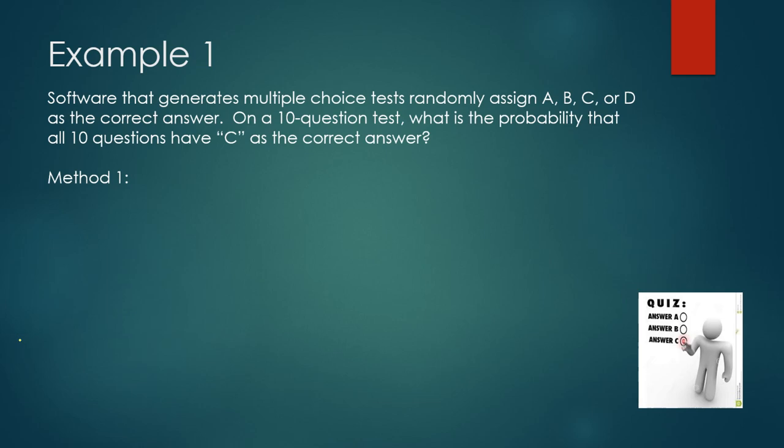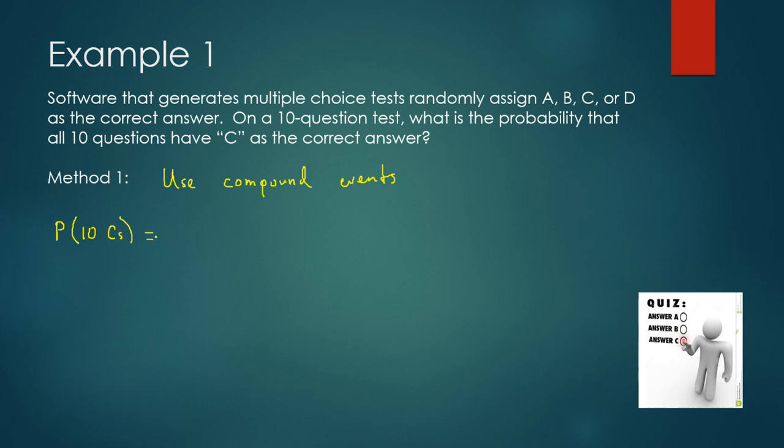So method one, we could use our probability knowledge. Each of these test questions are independent of each other, so we can use compound events, our knowledge from our probability unit. So the probability of 10 C's in a row.